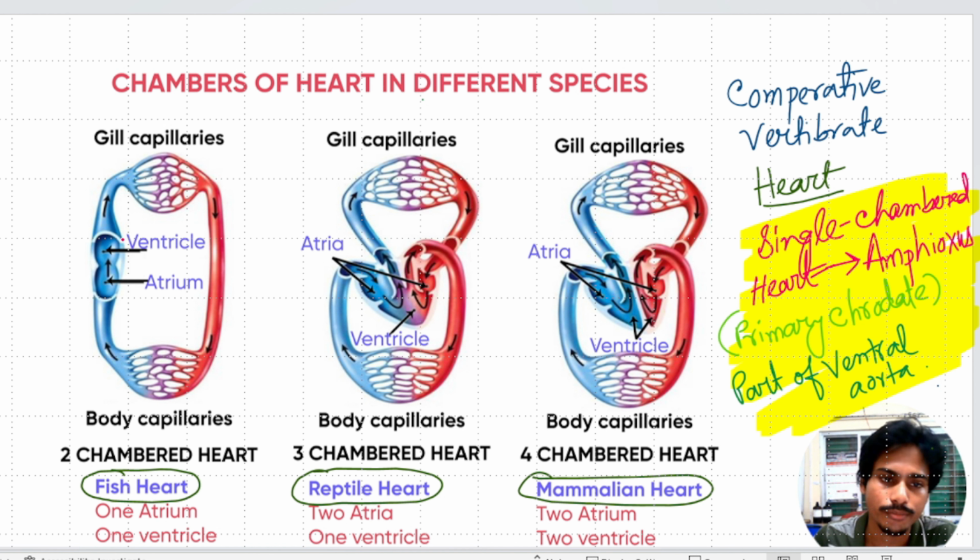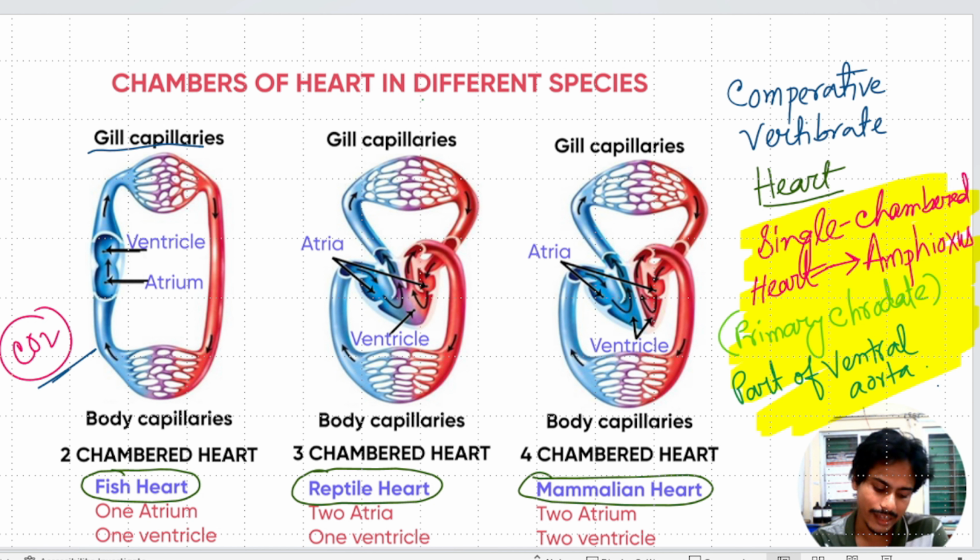This is the two chamber line, and gill capillaries are there. In one section is the ventricle along with the atrium. The blood is always coming into the atrium. You can say that is the deoxygenated blood, with CO2 in it. So this blood is coming from the body to the atrium, and it will pump to the ventricle, and from the ventricle to the gills.